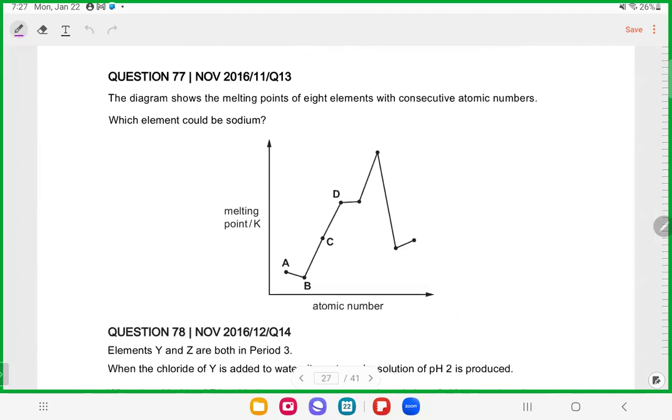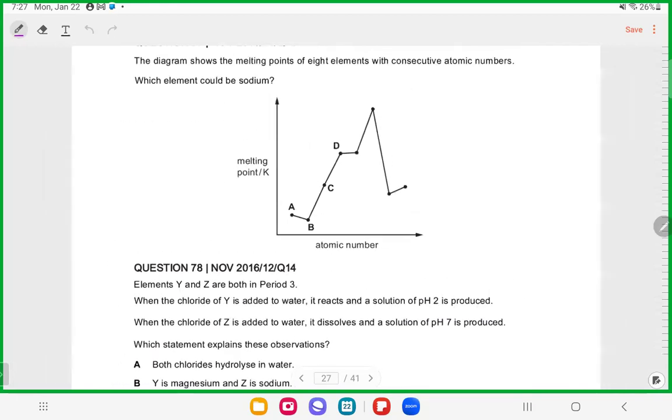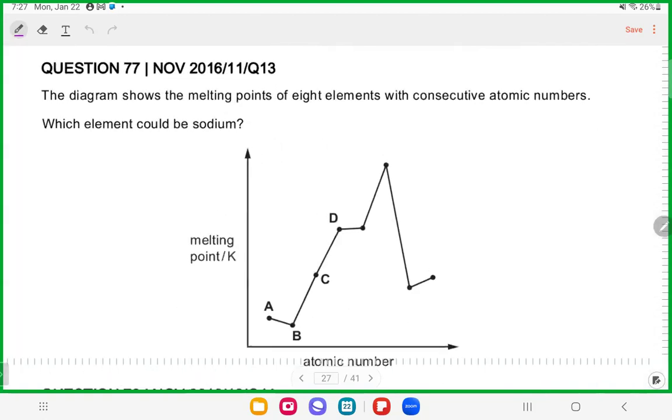This is the graph of melting point given है. ठीक है. अच्छा, क्वेश्चन देखिए. क्वेश्चन क्या है? Which element could be sodium?